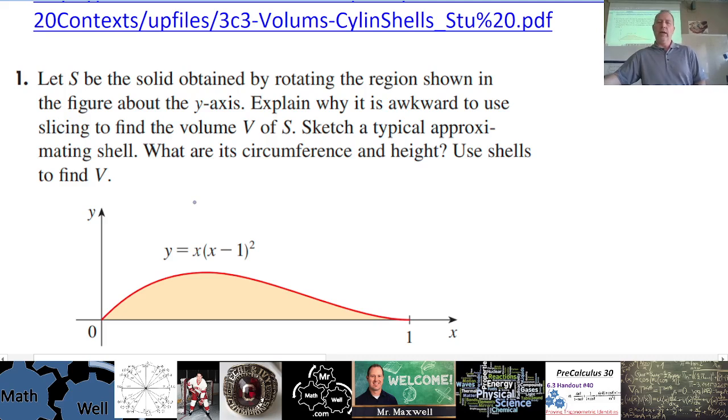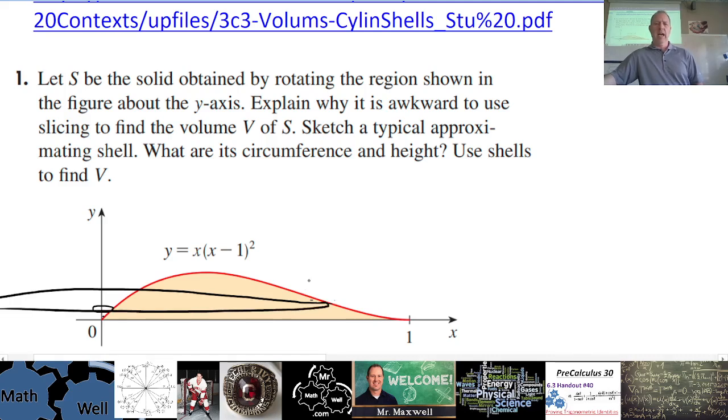Okay, well, this is difficult to use washers, and you don't have to write this down, but these washers would kind of look like there's the hollow middle part, and here would be the outer part. So this big fat washer here. But how do you get a radius?